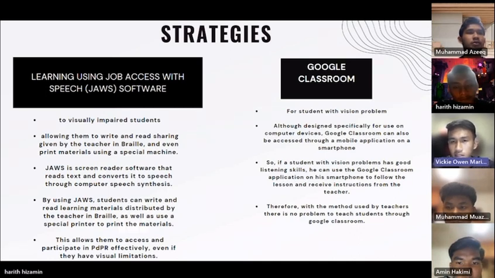The next strategy is Google Classroom. This is for students with vision problems. Although designed specifically for use on computer devices, Google Classroom can also be accessed through a mobile application on a smartphone.